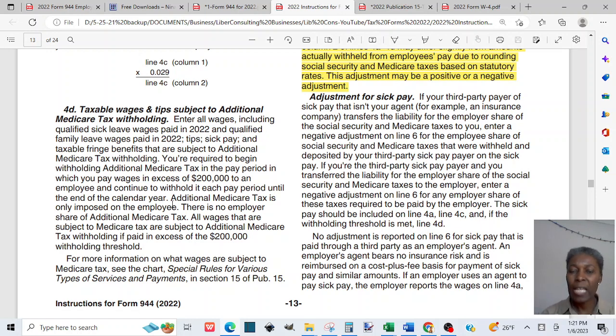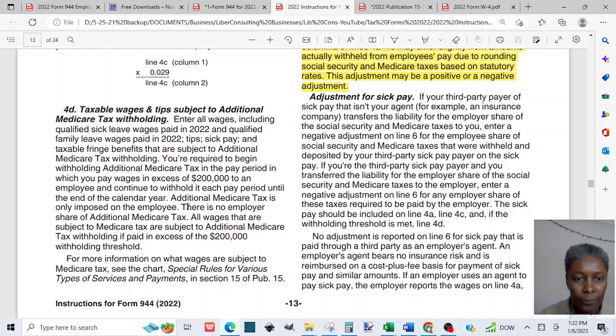So that tells you, if you pay yourself more than that, you need a spreadsheet that lets you track the payroll for each employee, and the cumulative total as well, to know when you reach the threshold.